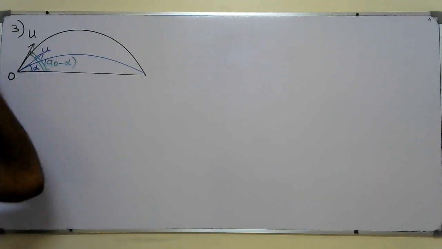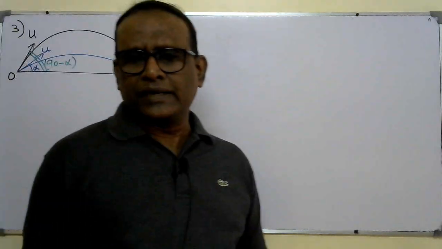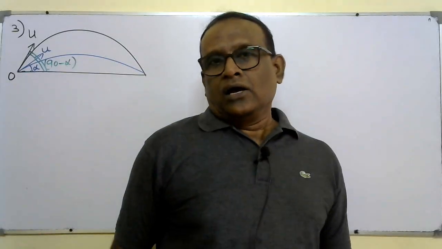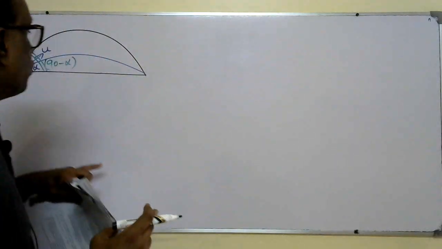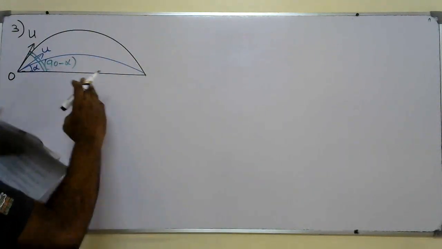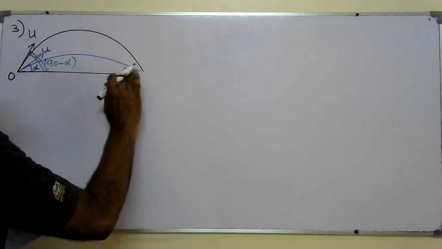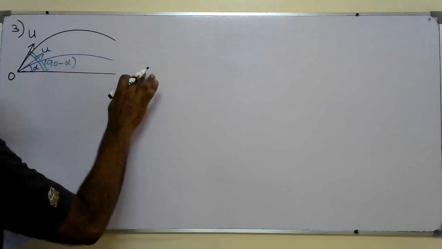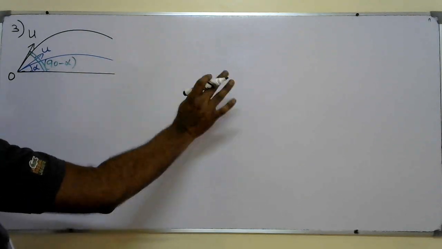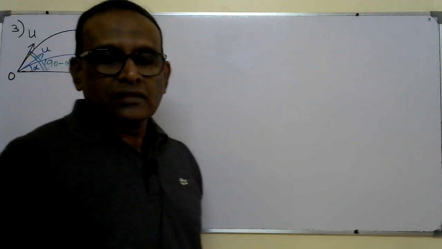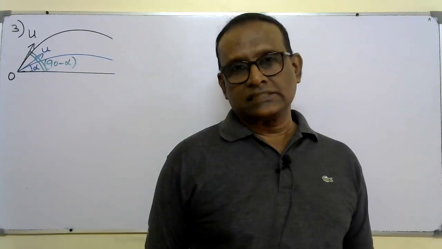I took 90 minus alpha greater than alpha, but it doesn't matter, I can take either way. I drew it with both having the same range, but we don't know yet whether they are going to have the same range. I'm going to show that they have the same range.